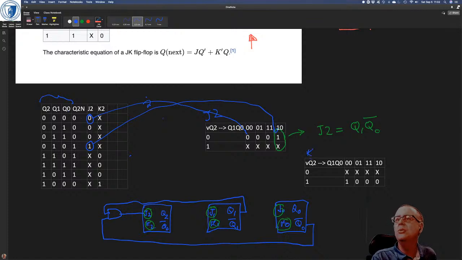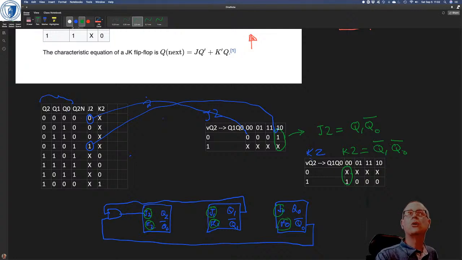So this is K2, and we can circle these out because this circle doesn't care what value we have for Q2. It can be a 0 or a 1. That means Q2 gets simplified out, and all we have now is that K2 is equal to Q1 bar Q0 bar, right? This is the 0, 0 column for Q1, Q0.